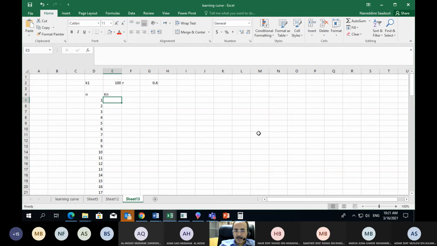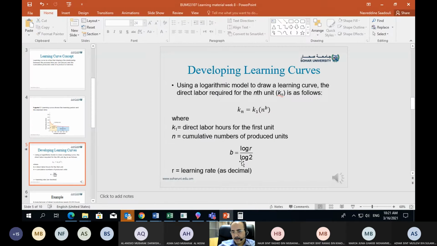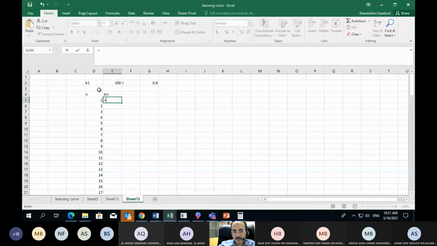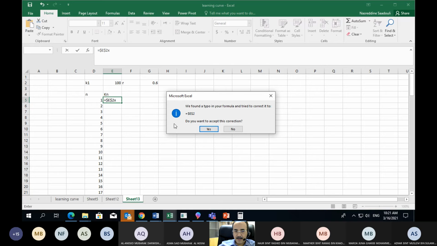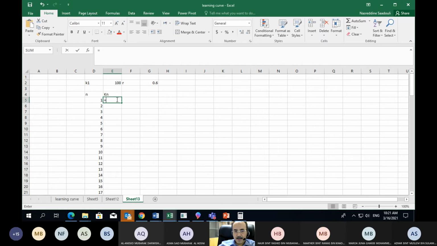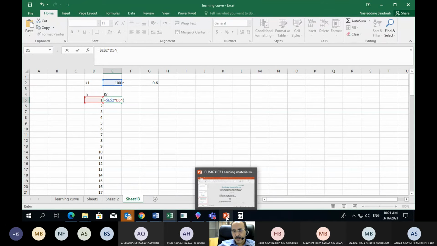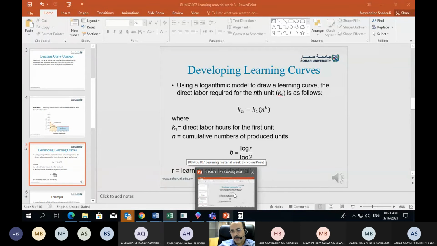Kn, according to the formula, is equal to K1 multiplied by N to the power of log R by log 2.